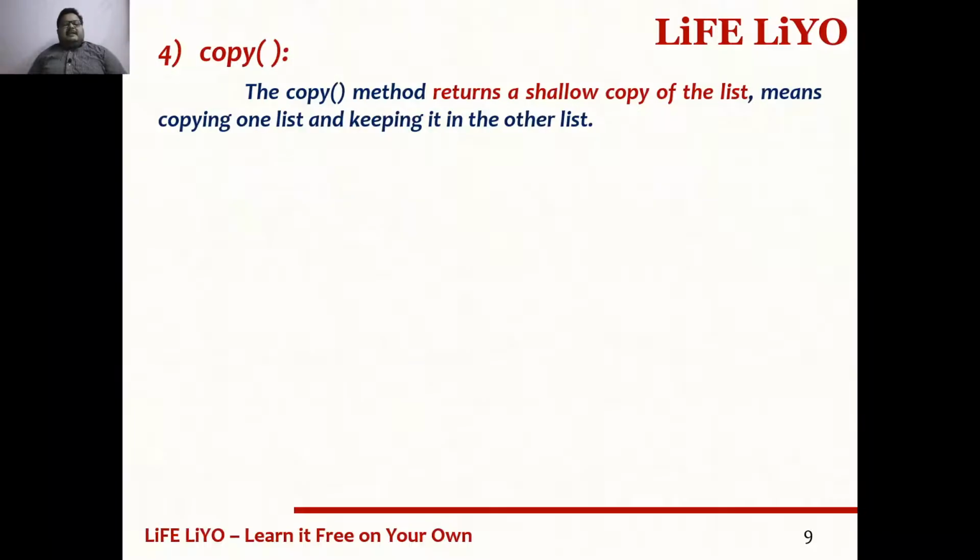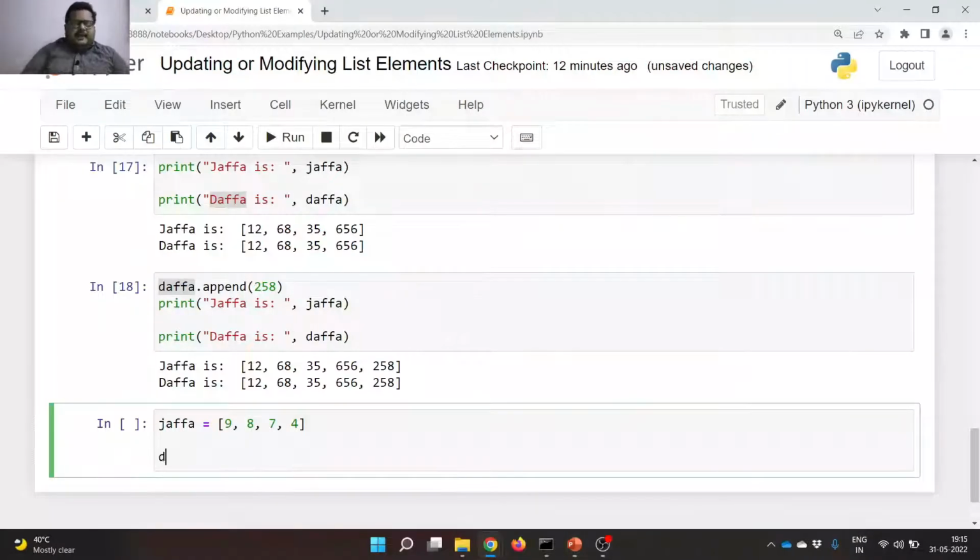Before going to that, I will explain the syntax. The syntax is new list equal to list name dot copy. Now my new list name is the new list equal to, what is our existing list? The existing list dot copy. Now run.